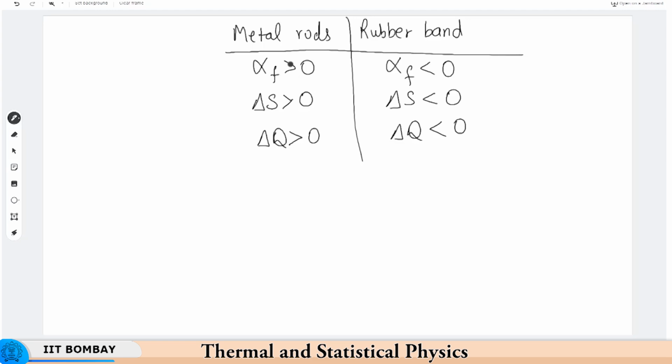So, what does that mean? If I stretch a metal rod, delta Q will be positive. Sorry, delta Q positive means the system is gaining heat, so it is absorbing heat from the surroundings.